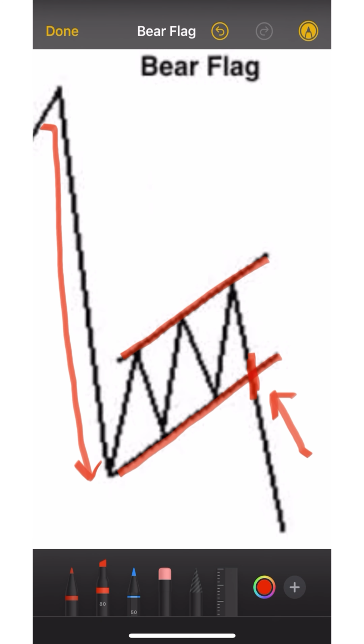This point is called the entry point, or you can also call it the breakdown point.